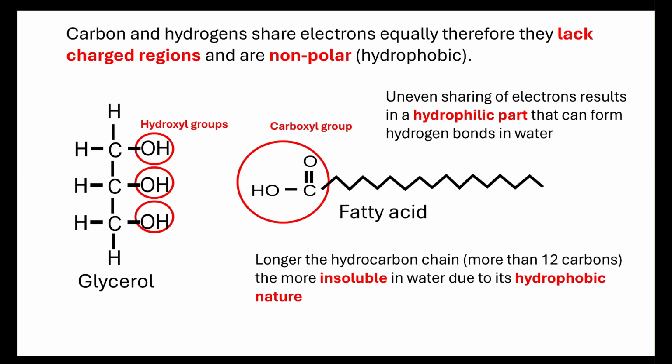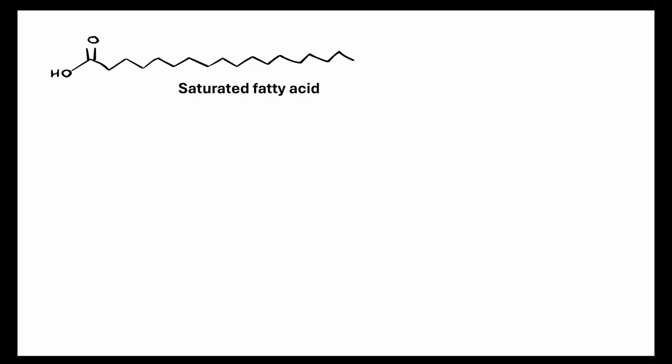So when we look at lipids, we need to understand that the monomers are glycerol and fatty acids. So if we look at the fatty acids then, fatty acids can either be saturated fatty acids. Now what that means is for every single carbon, there is a saturation of hydrogens.